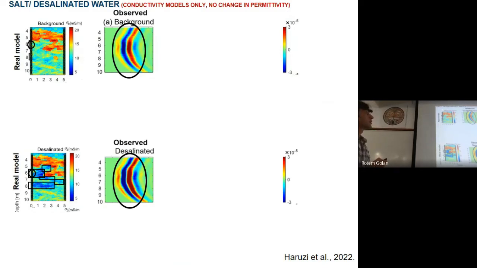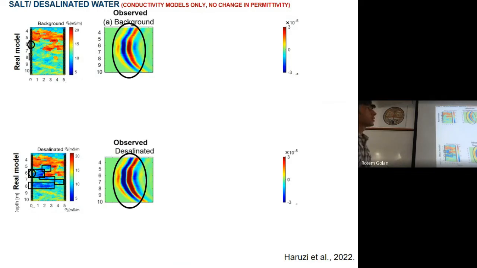So here are some examples. This is the background. Here we have a distribution of the conductivity only, because when we add salt, we don't expect change in the permittivity, but only in the conductivity. This is the background, and this is if we have desalinated water, which decreases the conductivity. First, we look at the GPR data.